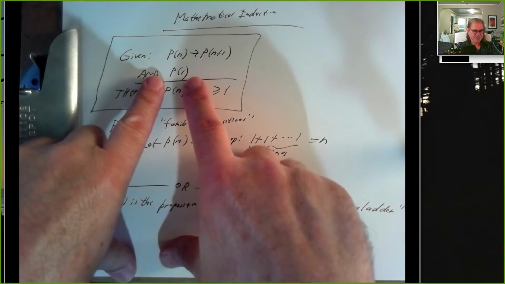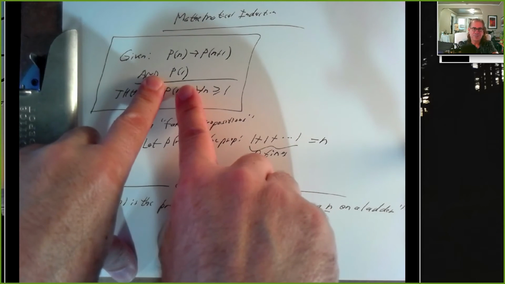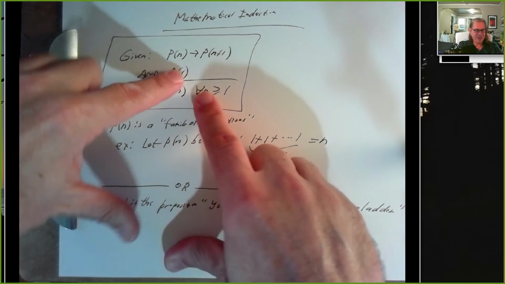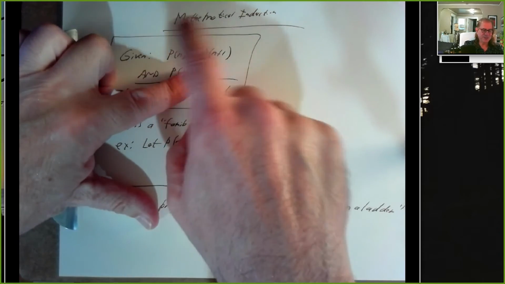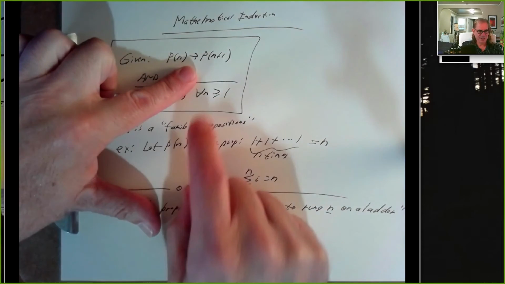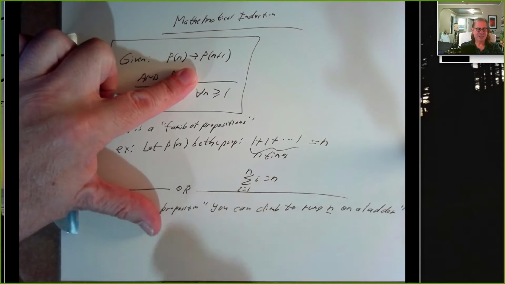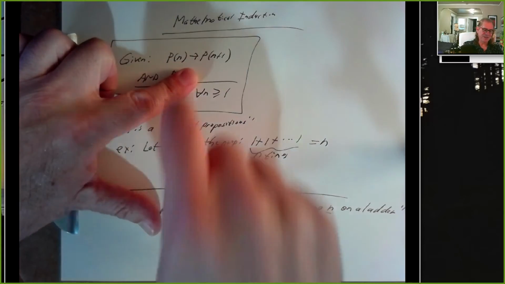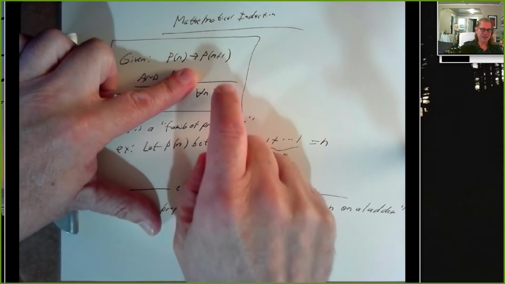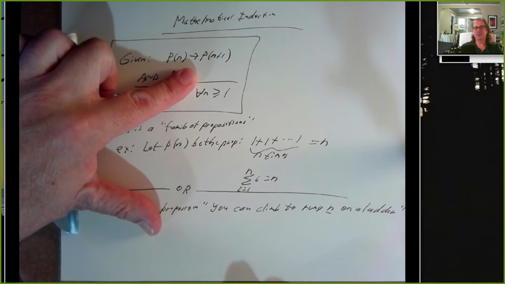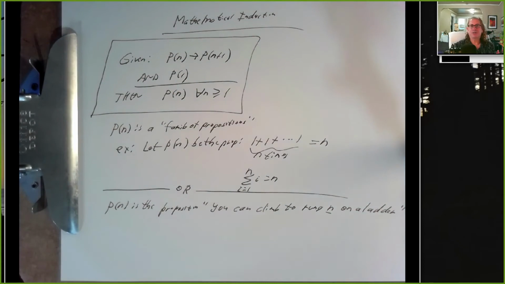We have to prove that P(1) is true, or P of some particular number is true, and then we have to prove this slightly weaker statement. This statement here does not say P(n) is true for all n. It says that if P(n) is true for some n, then it's true for n+1 also. And that's an easier thing to prove, right?